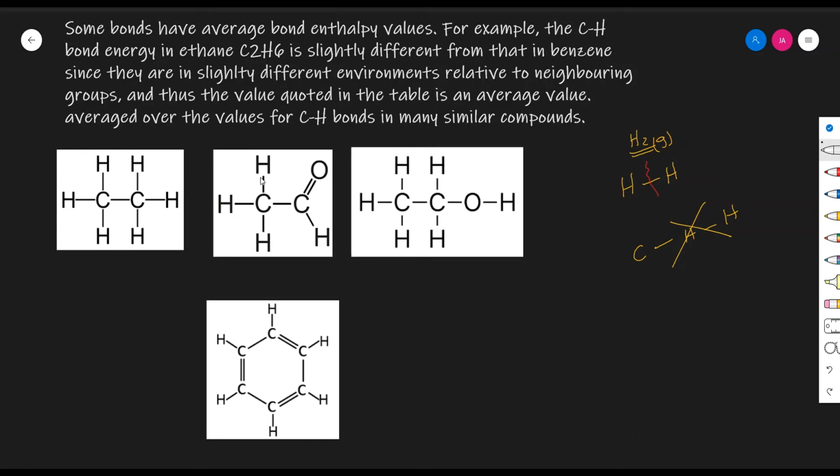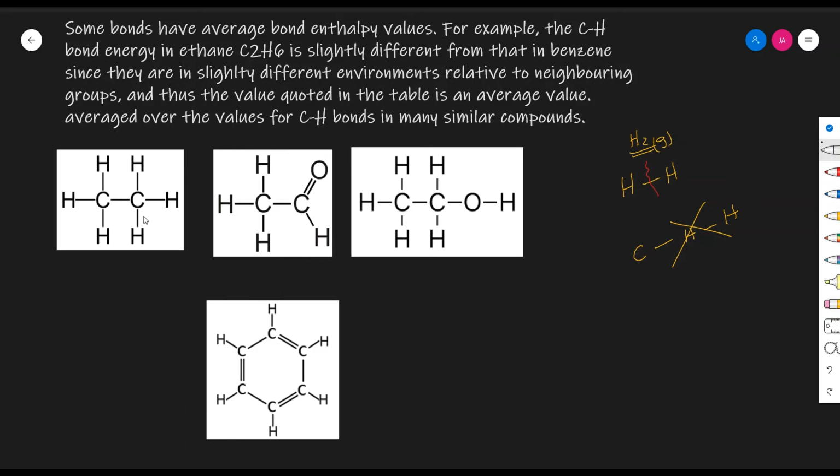Since these carbon-hydrogen bonds are not in the same environment as these ones, due to the C double bond O here, which would represent some repulsive forces which would affect the bond enthalpy of this carbon-hydrogen bond and these two. Thus, the value of the bond enthalpy of the carbon-hydrogen bond in this molecule will differ slightly from this one, as well as this carbon-hydrogen bond here in benzene.